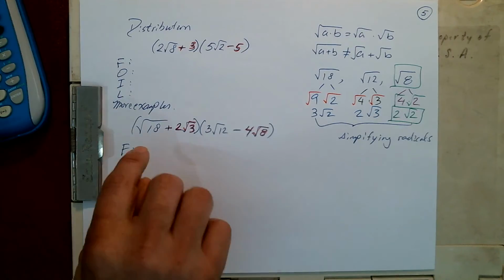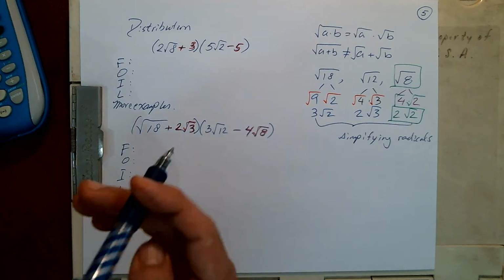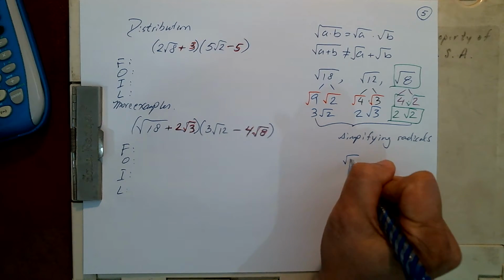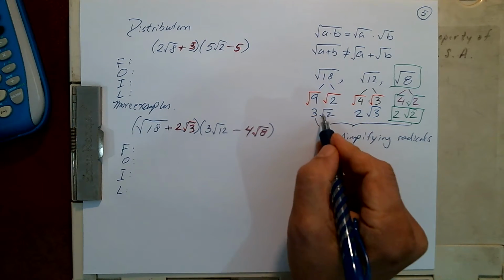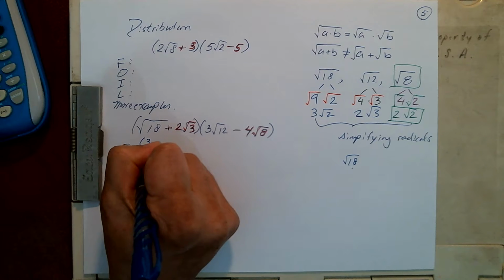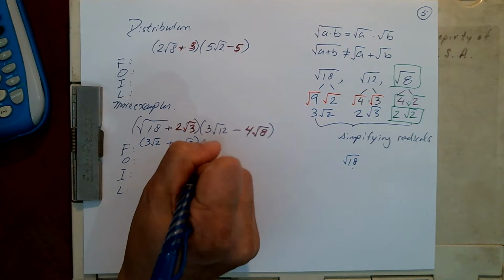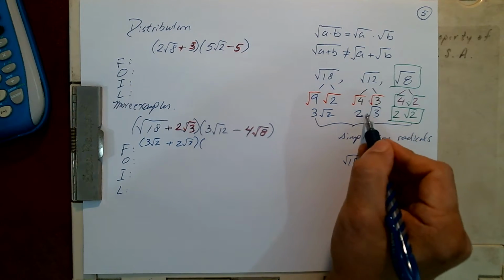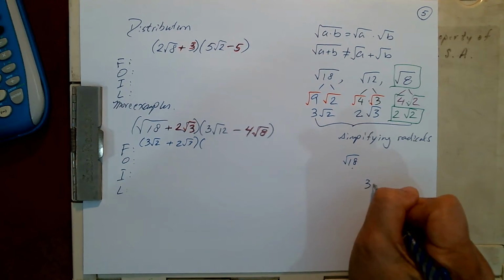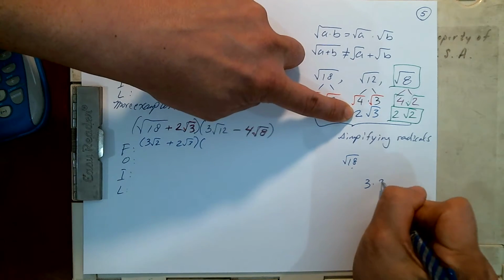So let's try simplifying some of these first. First of all, square root of 18. Oh, I already did it. 3 root 2. Plus 2 root 3 times, root 12 was 2 root 3, right? So what is 3 times 2 root 3?